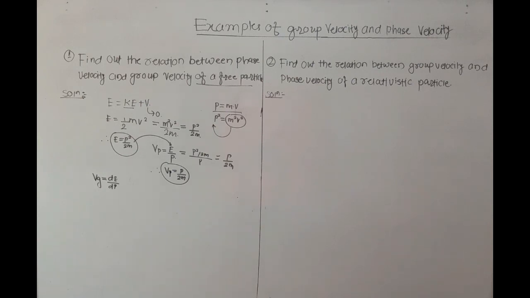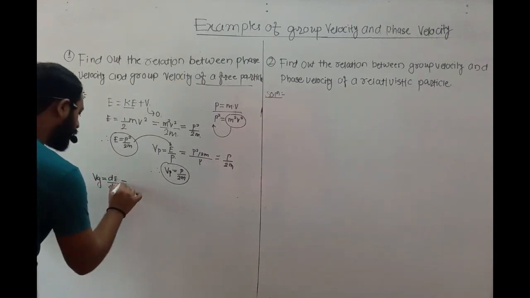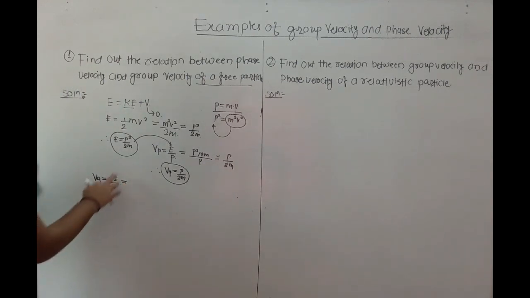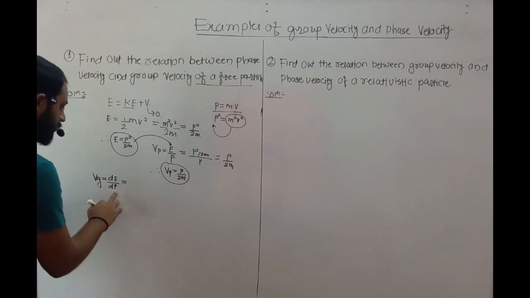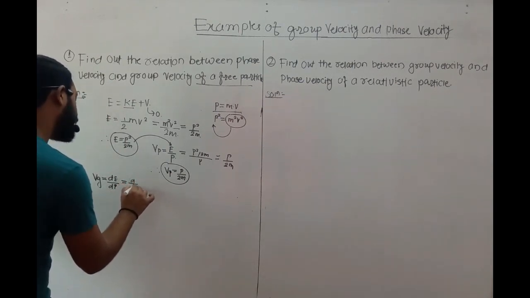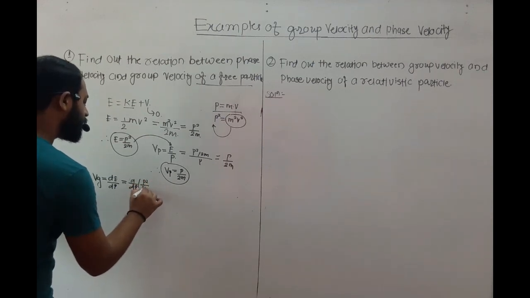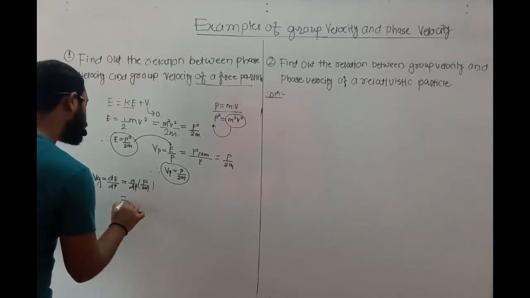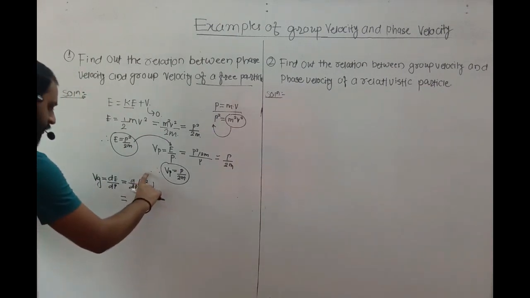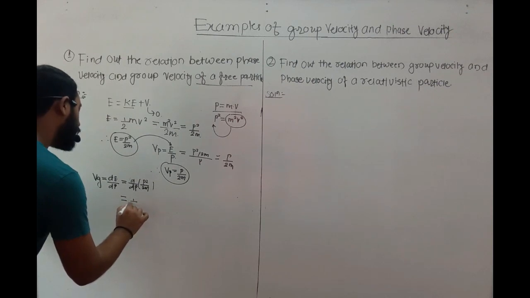If you differentiate this E with respect to P, you get Vg. Now see, dE by dp, in place of E I write P square by 2m. Here 1 by 2m is constant, so I am taking it outside.